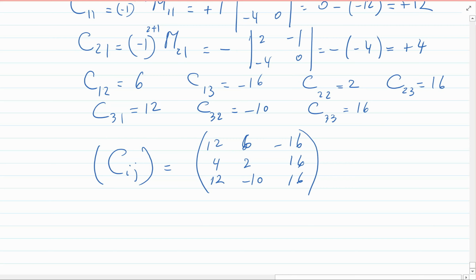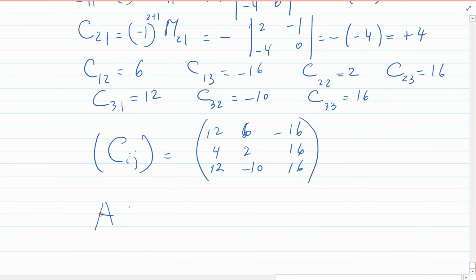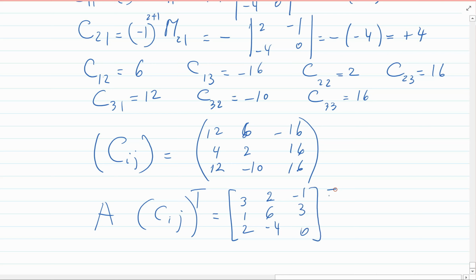Okay, so now if you take the matrix A times the Cij transpose, which is the matrix A, which is 3, 1, 2, 2, 6, minus 4, minus 1, 3, 0, times the transpose, so it's going to be 12, 4, 12, 6, 2, minus 10, minus 16, 16, 16.